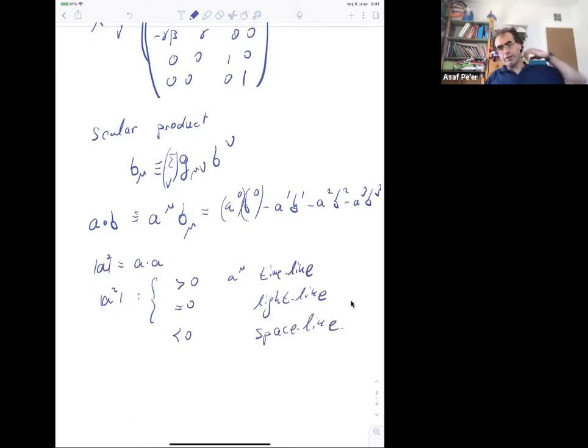Of course, we and all other particles live in a time-like world, because time for us progresses faster than space. And zero-mass particles live on light-like world lines. Well, the word line, I haven't defined a world line yet; I'm going to do it right away.